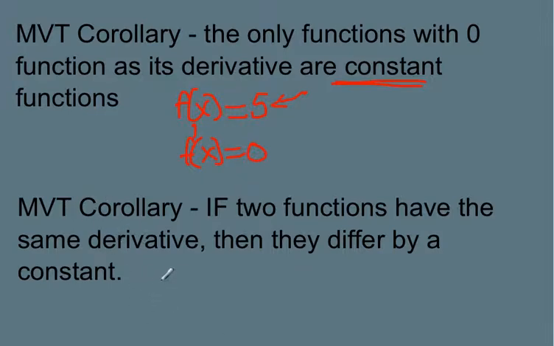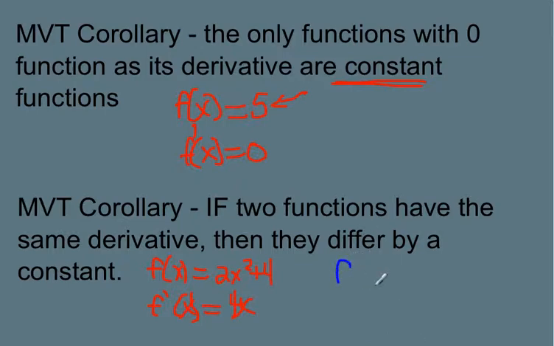Let's say I have a derivative of f of x equals 4x. I'm going to work backwards, and let's say the antiderivative could be 2x squared plus 4. I'm going to come up with another function that has the same derivative as this one.